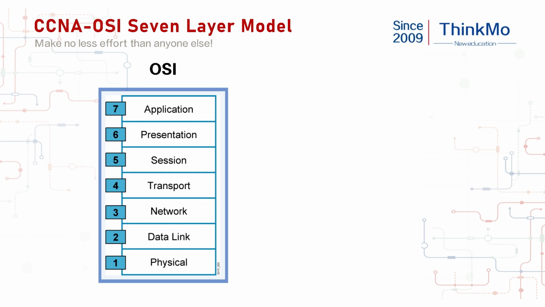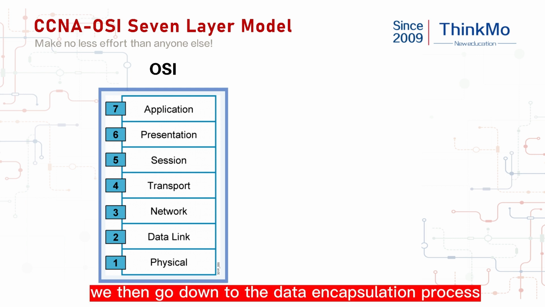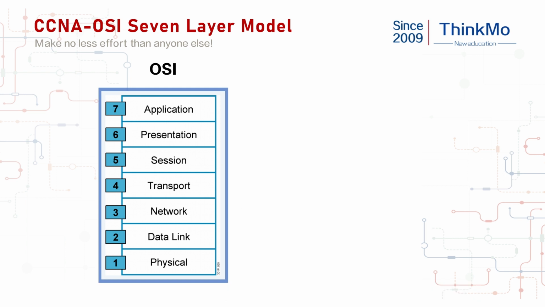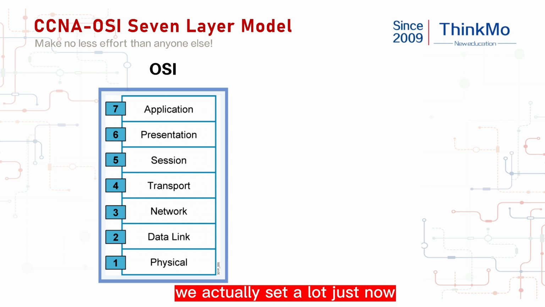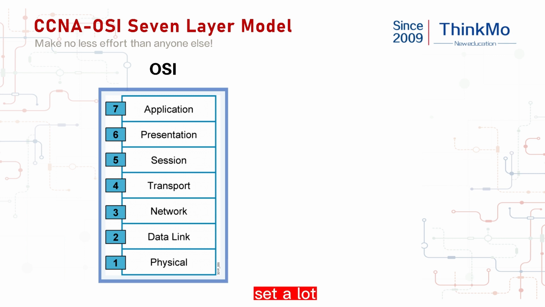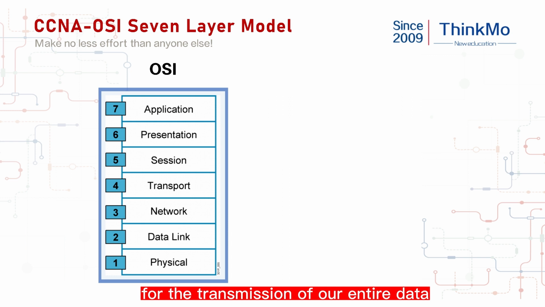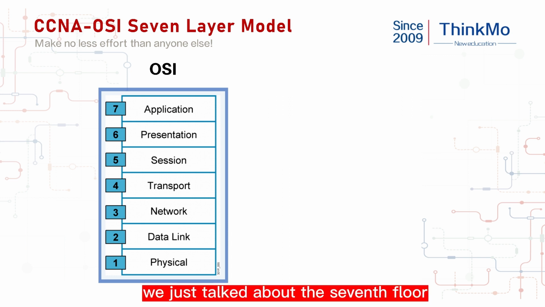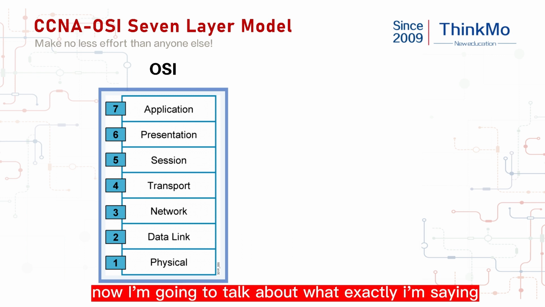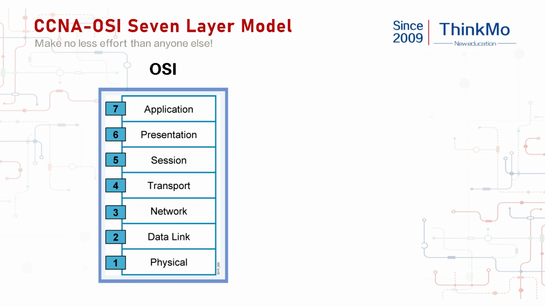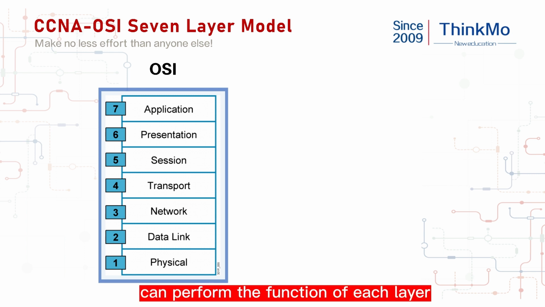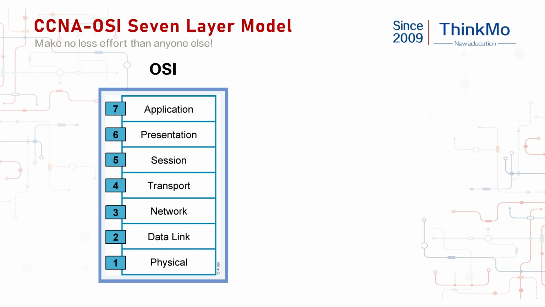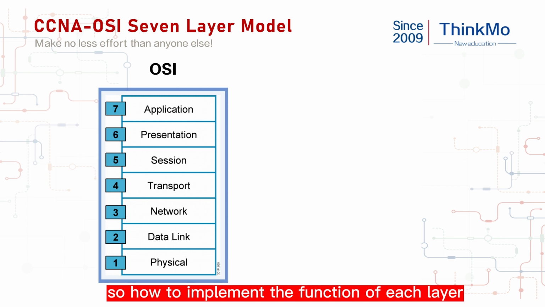Next, we go down to the data encapsulation process. We actually said a lot just now, but specifically for the transmission of our entire data, we just talked about the 7 layers. Now I'm going to talk about what exactly each layer does. Each of our layers can perform the function of that layer, so how do we implement the function of each layer?